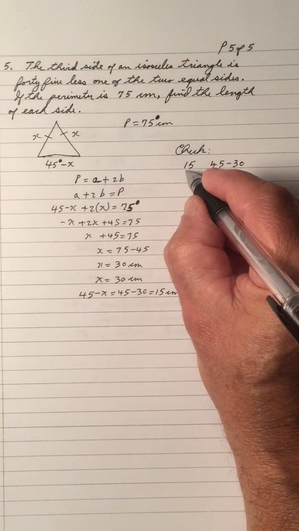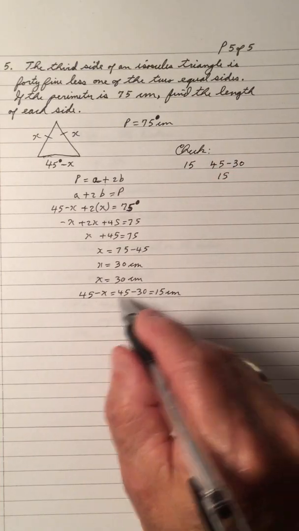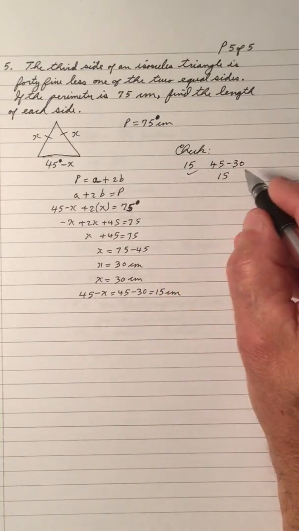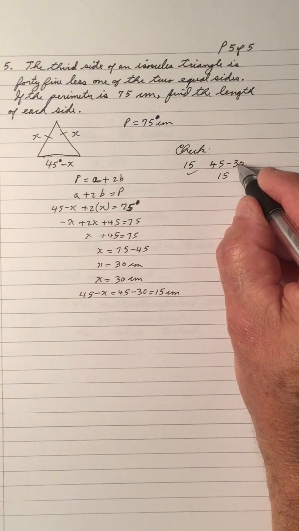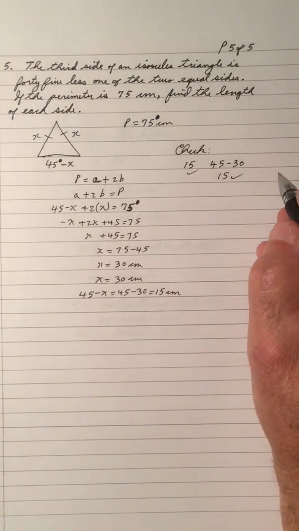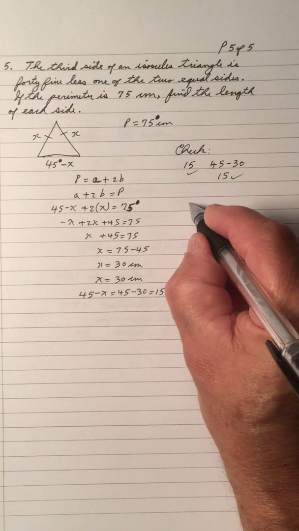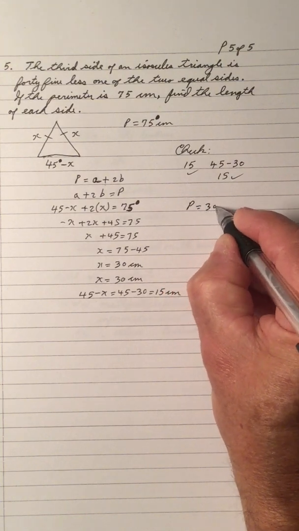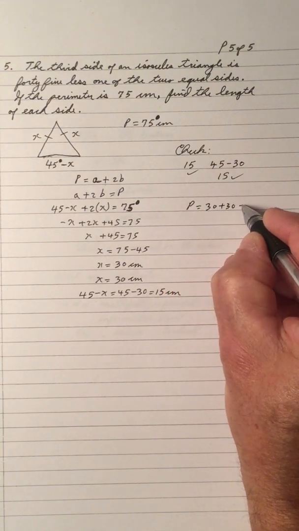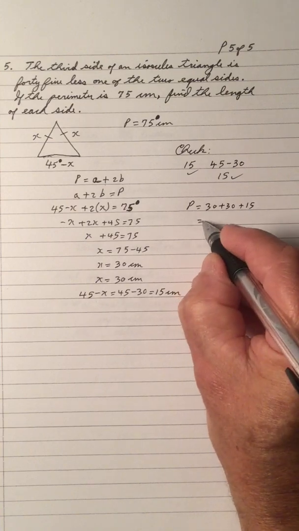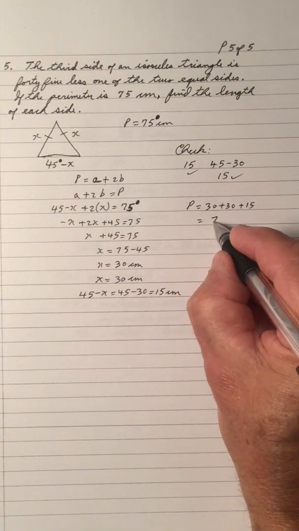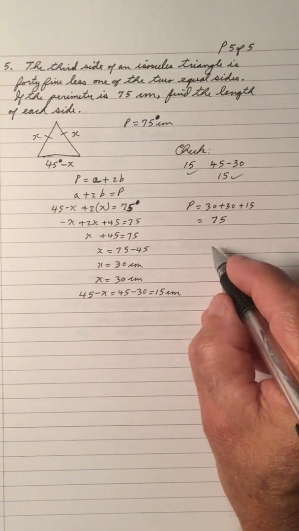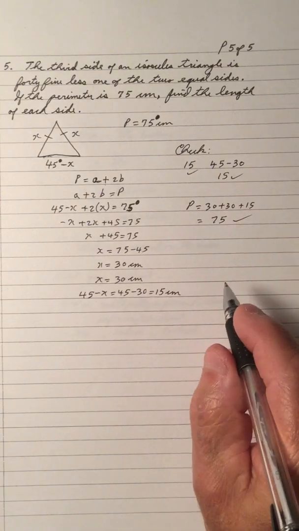So the third side, which is 45 minus x, is 15. 45 less one of the equal sides is 15, so that checks. And the perimeter is 30 plus 30 plus 15. 60 and 15 is 75. So everything has a check.